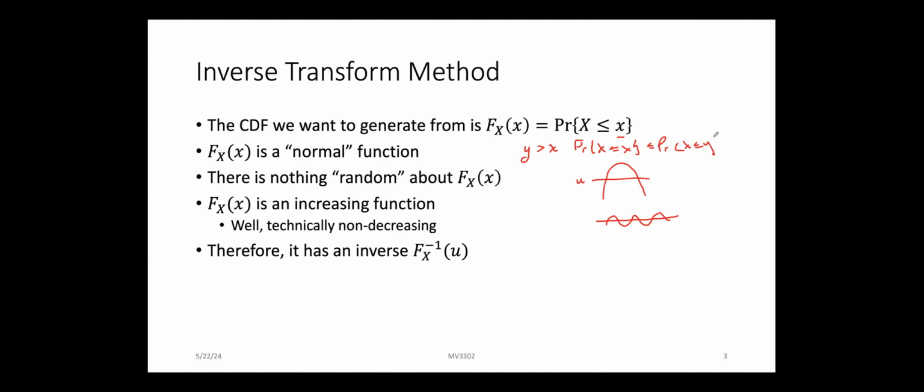Is that obvious? Why? Because the probability that it's less than or equal to y has all the probability here, and it may have some more. And so what that means is it's an increasing function, and increasing functions have an inverse. And so what's the inverse? Well, if u is the argument of the range of our function, then the inverse is going to be the value at which it is.